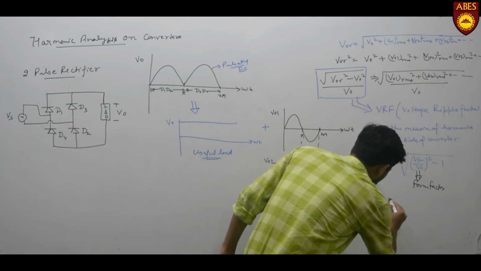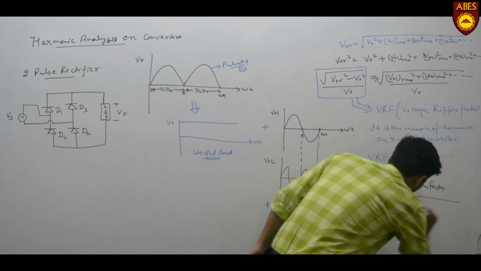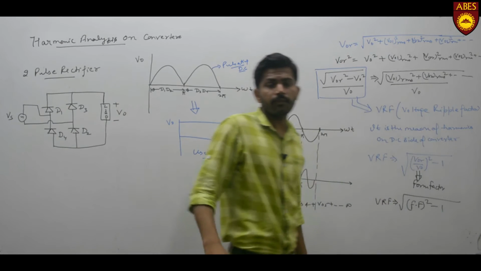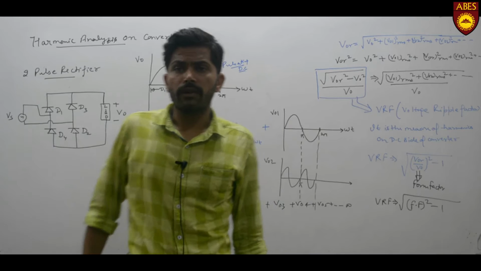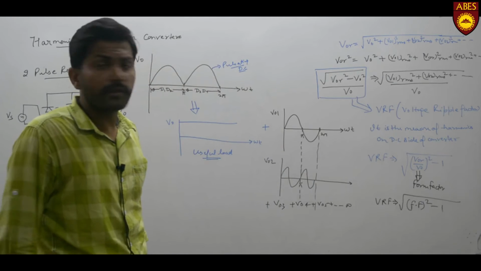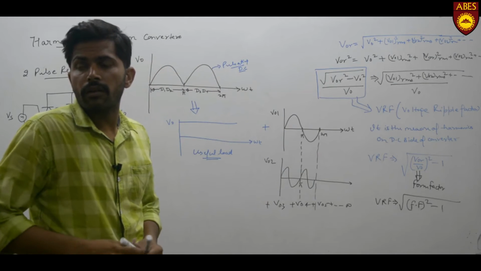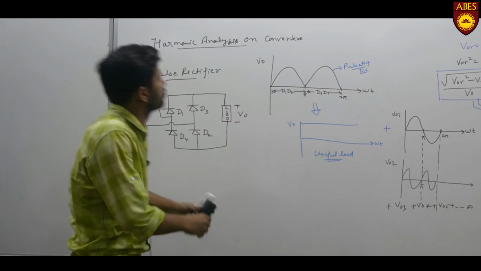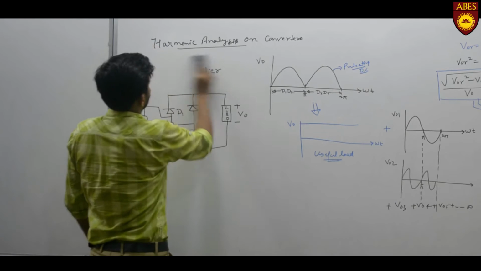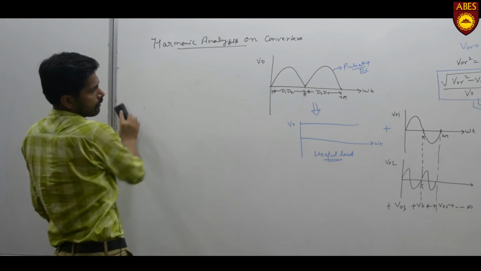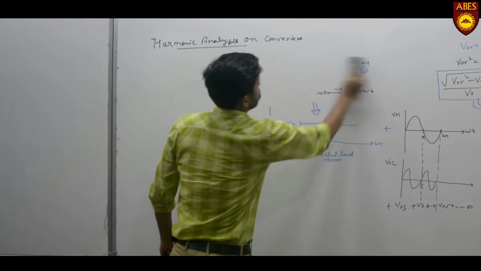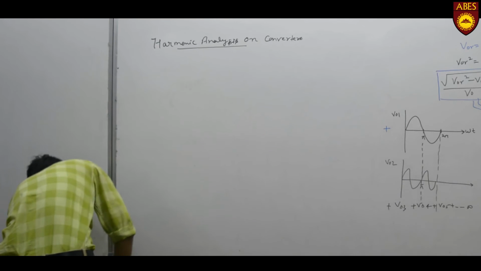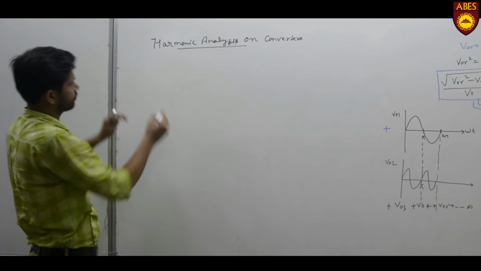So VRF is basically the square root of form factor square minus 1. Now what is the significance of this form factor?